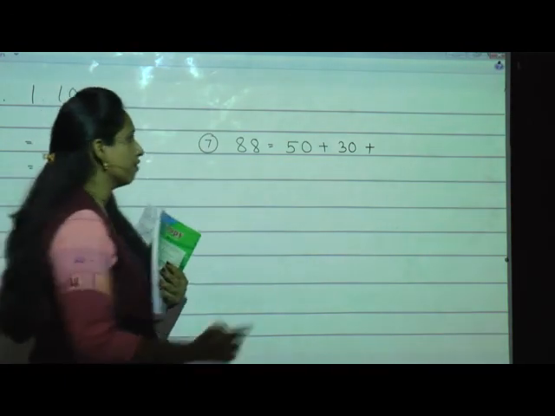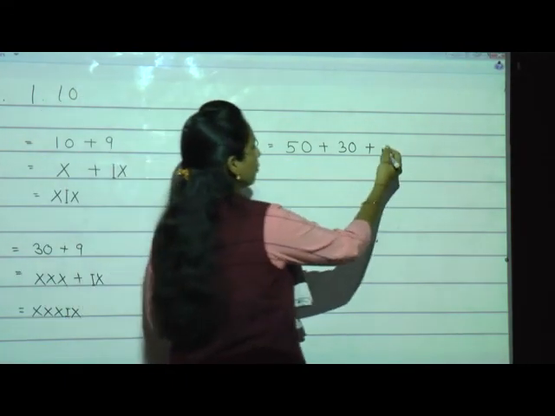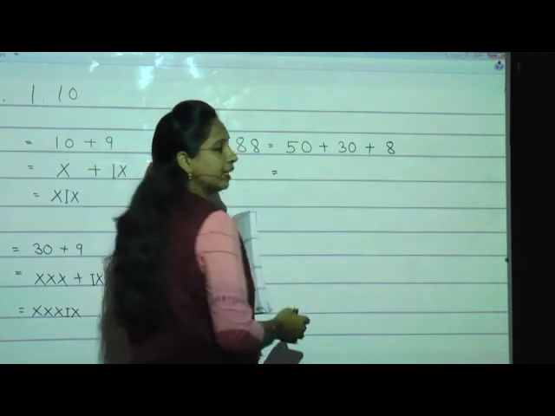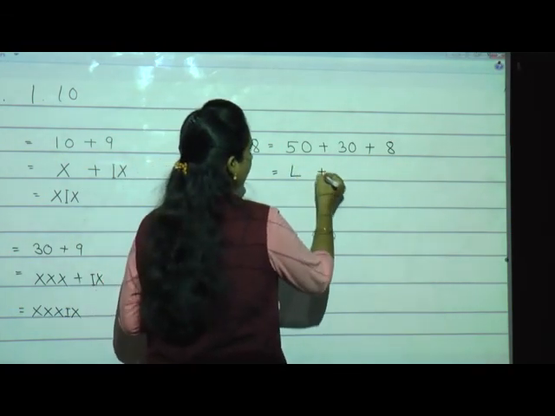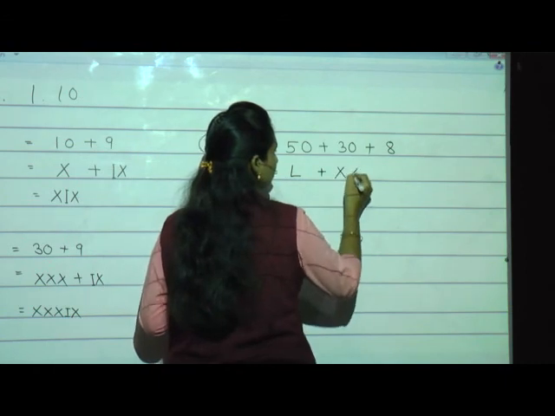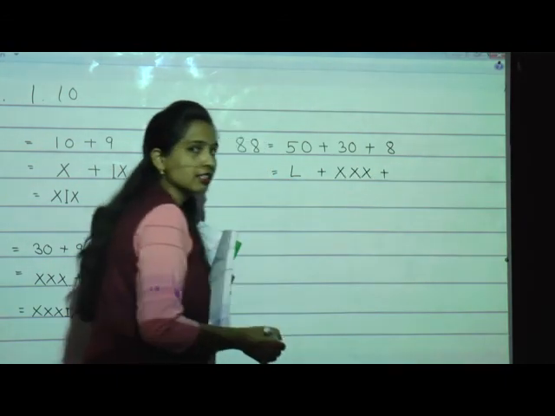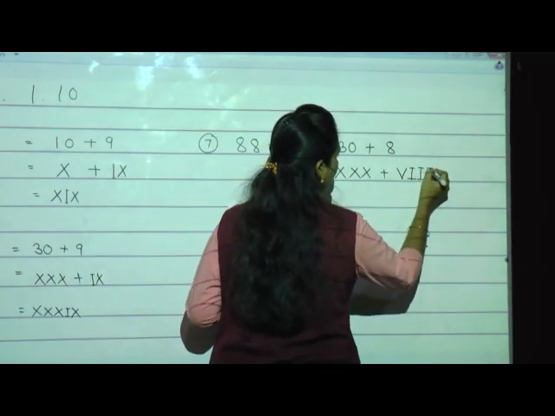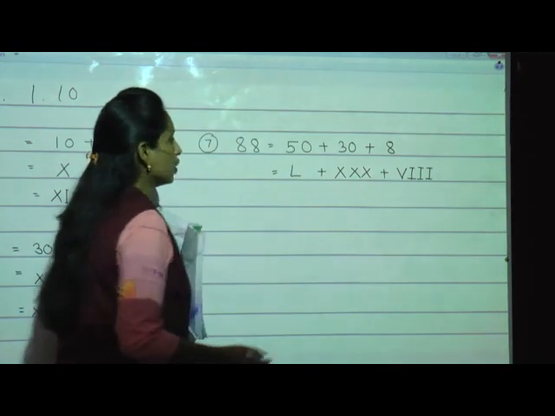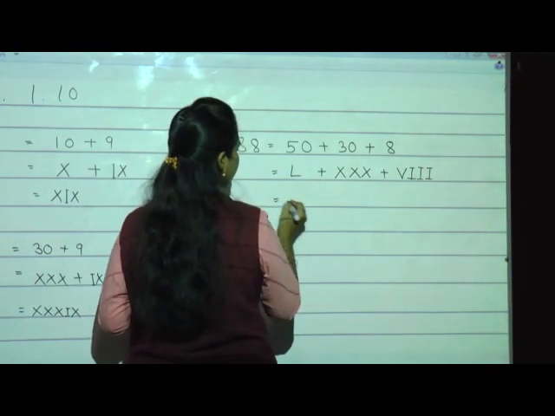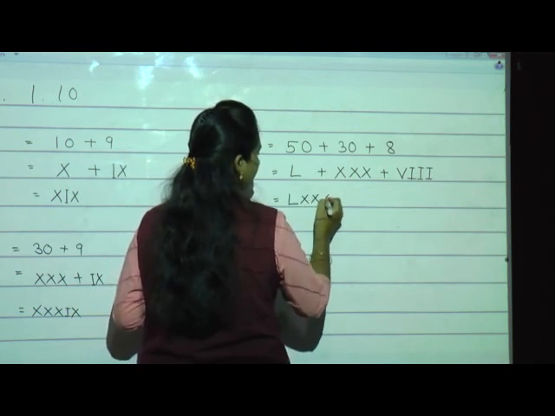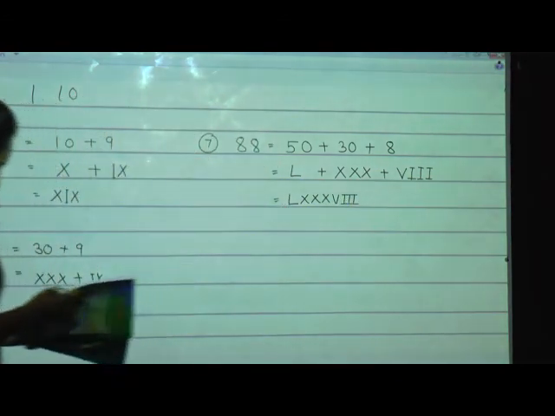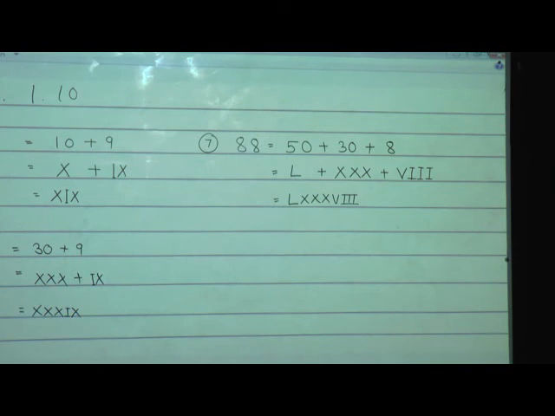And what is remaining? 50 plus 30 becomes 80 and what is remaining? 8. Got it? Now tell me, 50 value we write as L and 30 we write as XXX and 8, yes, tell me, 8 we write as VIII. Okay, so just add all these Roman numbers together. LXXXVIII. Got it? Yes, students, understood?